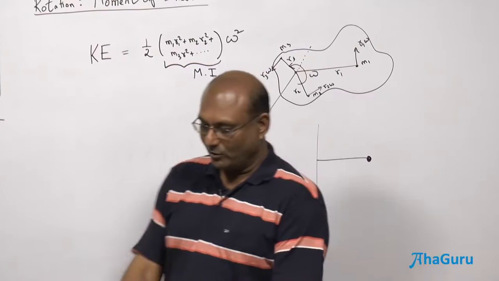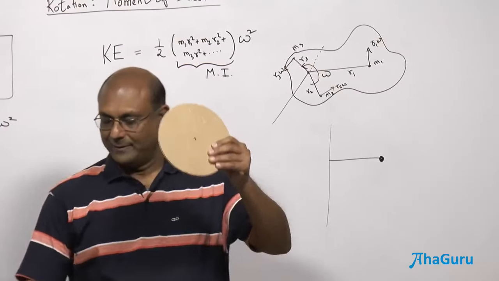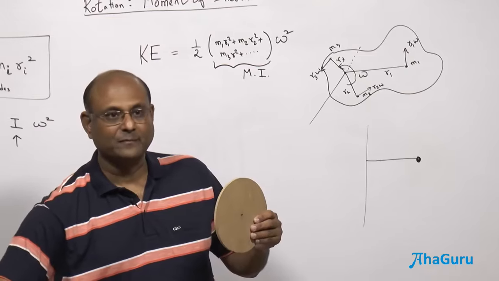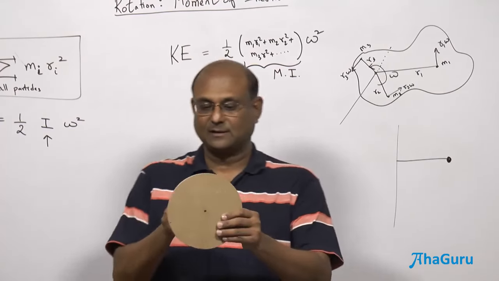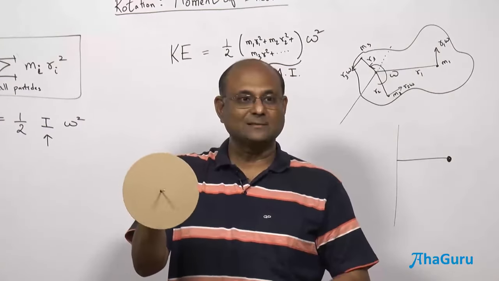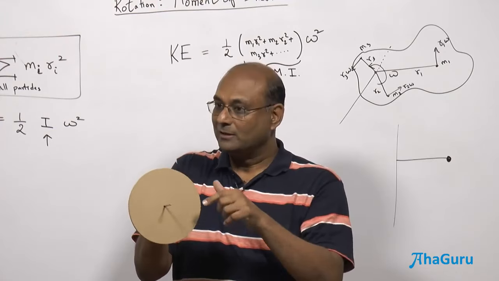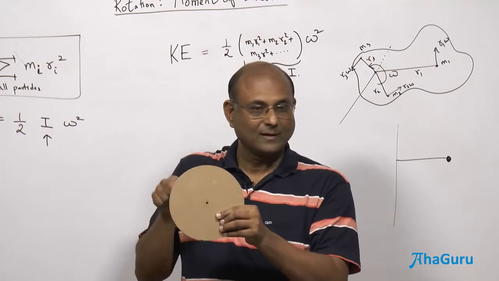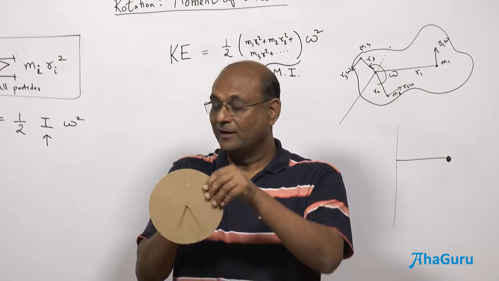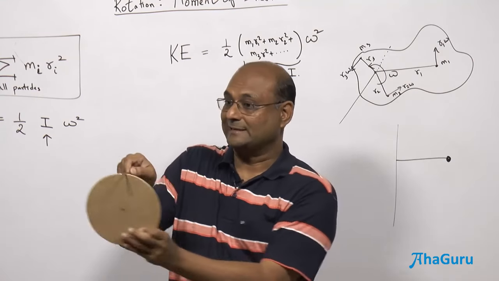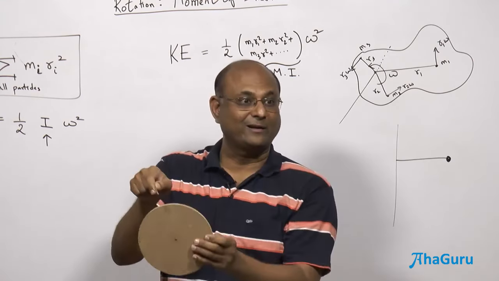So if I took this fellow and I ask, hey, wait a minute, what is this fellow's moment of inertia? Now it depends on which axis. If this guy was doing this, that means moment of inertia about this axis. And that is a different answer compared to moment of inertia about this axis, because about this axis, this is how it's going to rotate.